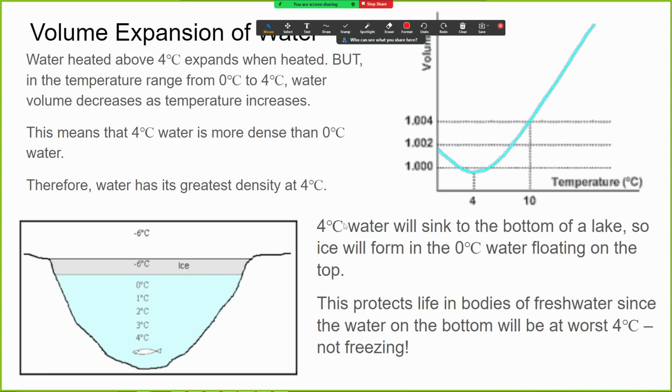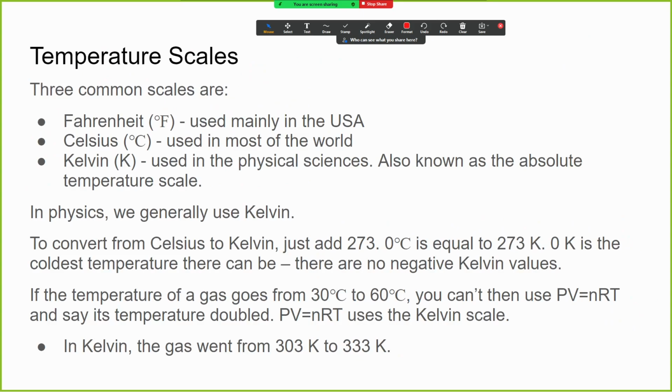So the 4 degree Celsius water, because it's a greater density, is what sinks to the bottom of the lake. The ice that forms at the top, the 0 degrees Celsius water, is what's floating up there. So anything that's down here is extremely protected. So we will move on to things that are actually more relevant, but sorry for the diversion, I did think it was worth mentioning.